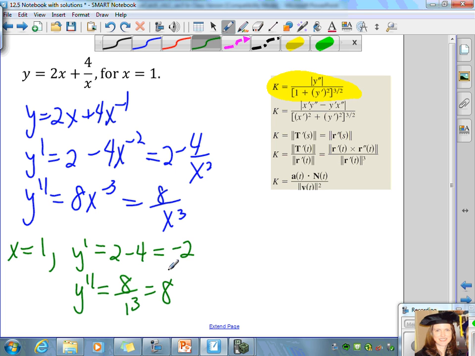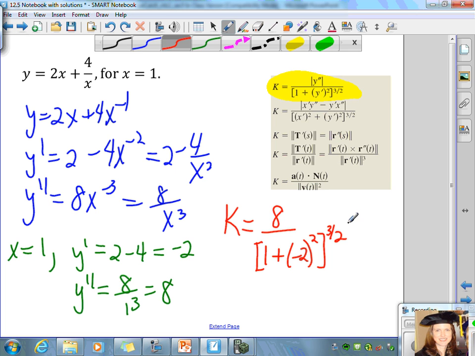So by doing those substitutions, we can plug the values into the k formula. So k would equal the absolute value of y double prime in the numerator, 8 over, and in brackets, 1 plus y prime, negative 2, squared, and then all of that to the 3/2 power.